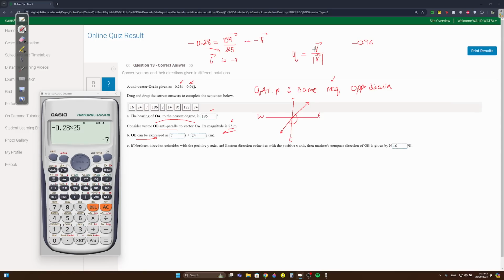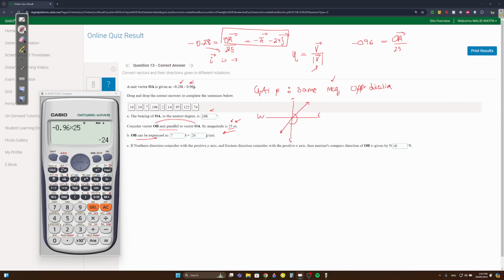The unit vector equals the original vector, which we don't know, so the j component divided by the magnitude, which is 25. They just swapped it around, and they want you to cross multiply. It's nothing hard. So OA is negative 0.96 times 25, so negative 24j. So this is the vector OA.